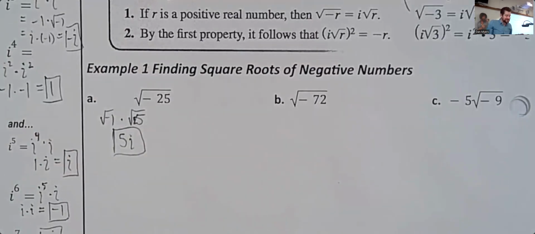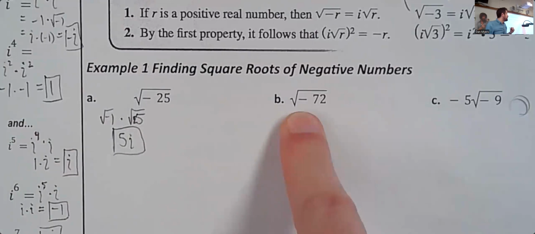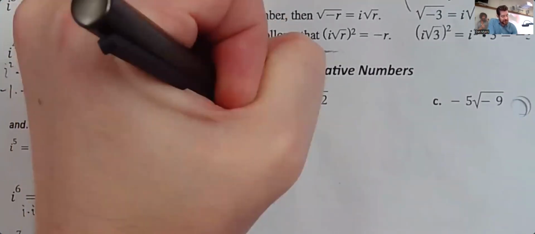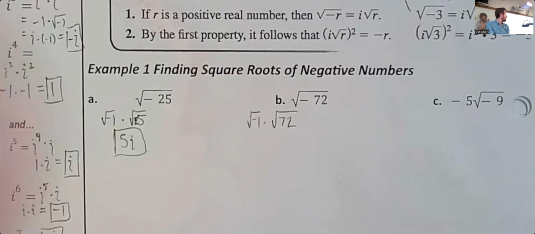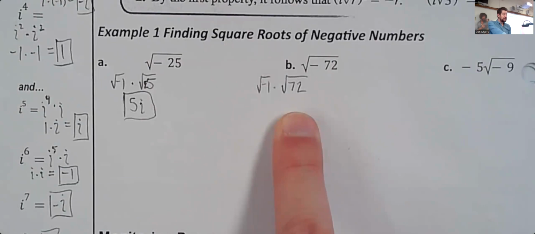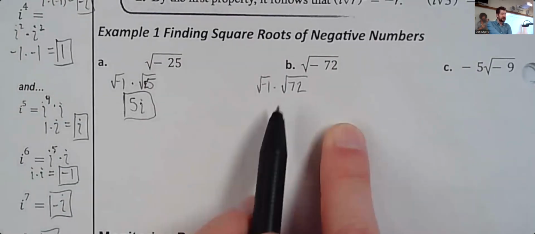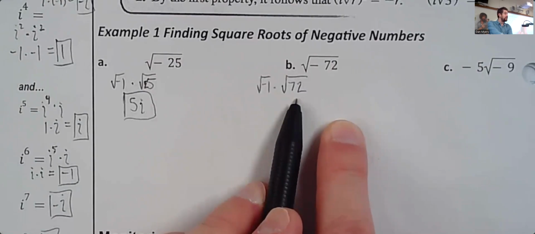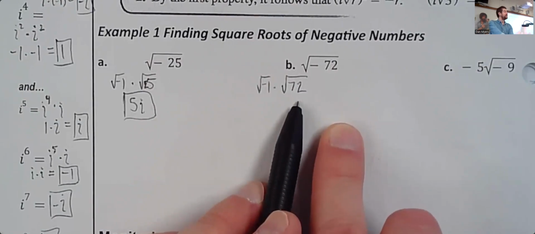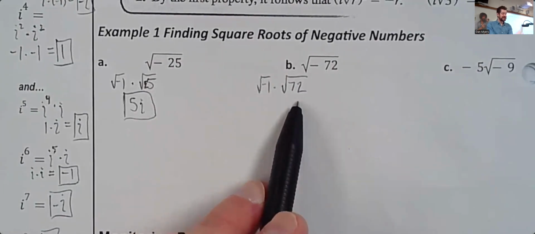All right. Let's try B. So what we're going to do is separate these out. We're going to take the negative square root of -1 times the square root of 72. And then all we're going to do is simplify the square root of 72, like we did last week and the week before. So we're looking for the largest perfect square factor of 72. Six is in there, 9 is in there, there's a bigger one. 36, and 2.